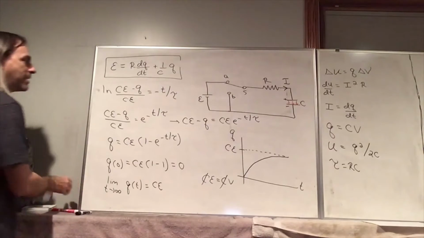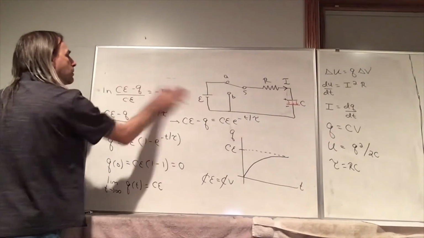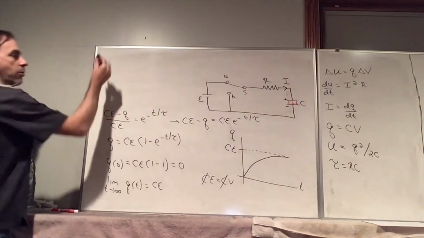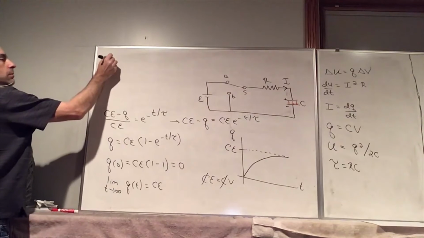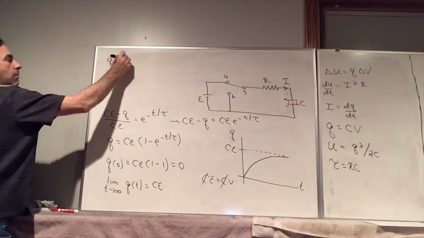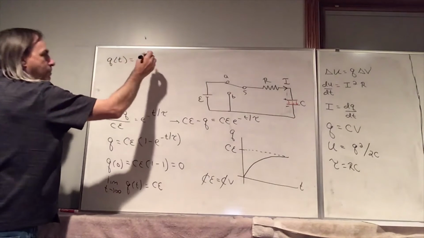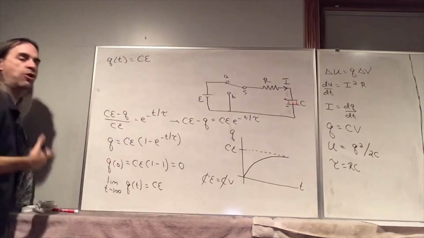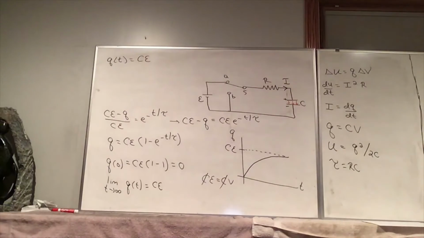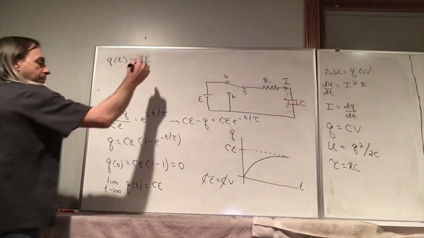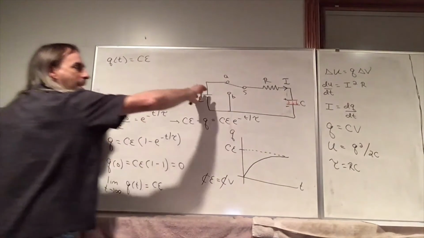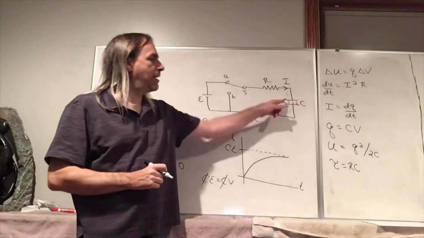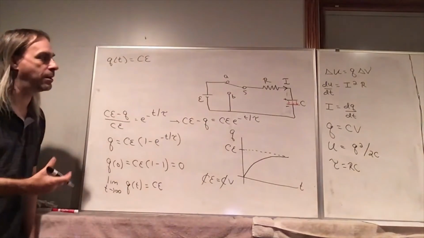I'm going to erase this. We're going to move some things around. Let's write down Q. So we have C epsilon. We could call that Q max, because that's the maximum charge we can put on the capacitor. Remember, the battery is pushing charges. Think of the current as carrying positive charge to the capacitor.